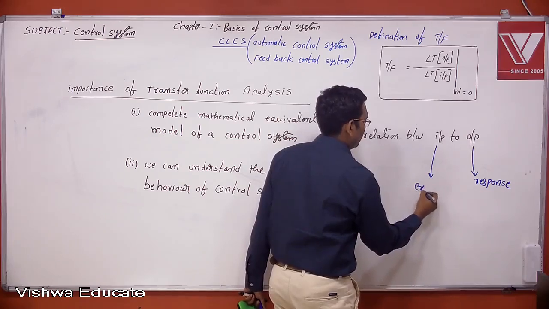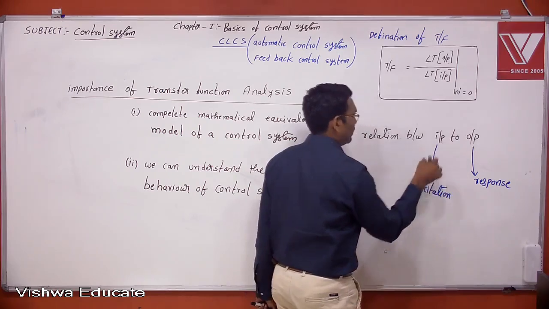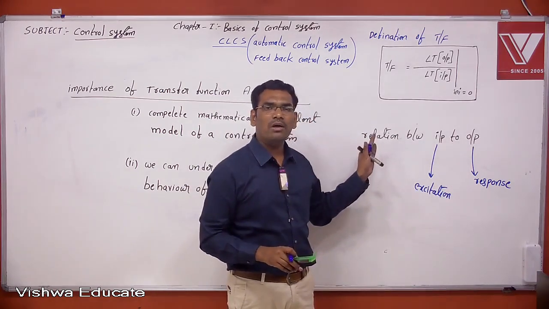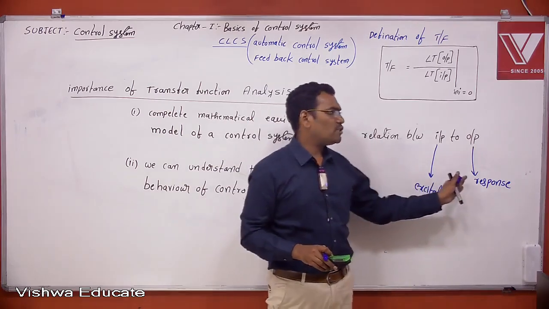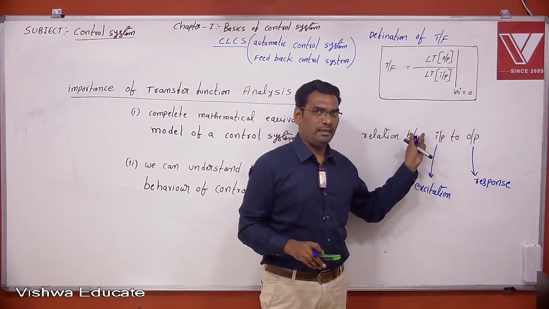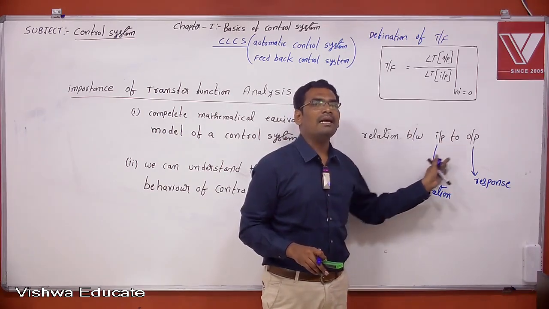Excitation means input. So whether a control system is good or not, we can decide based on its response, its output, by applying its inputs, by applying excitation. Give some input and see the response.